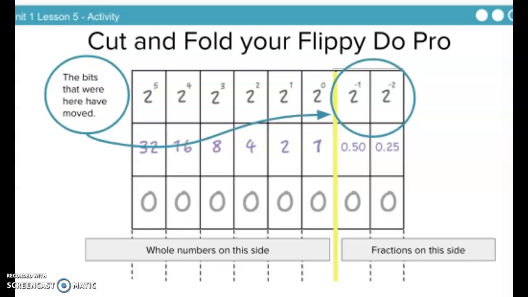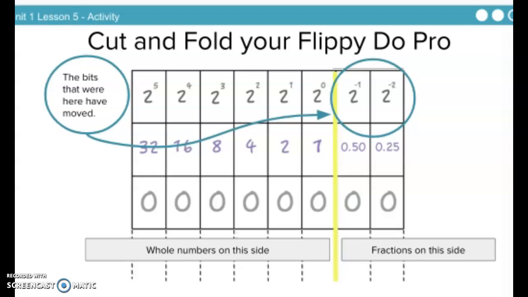For those of you who don't remember how that works, instead of multiplying by the exponent, you multiply by the inverse. So 2 to the negative 1 would be 1 times a half, 1 over 2.